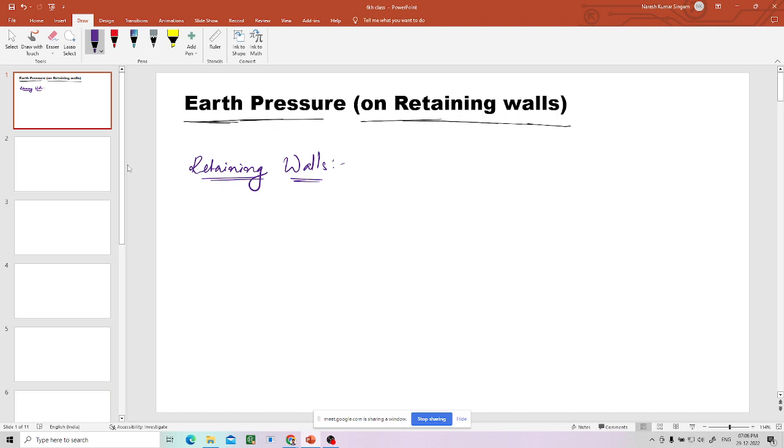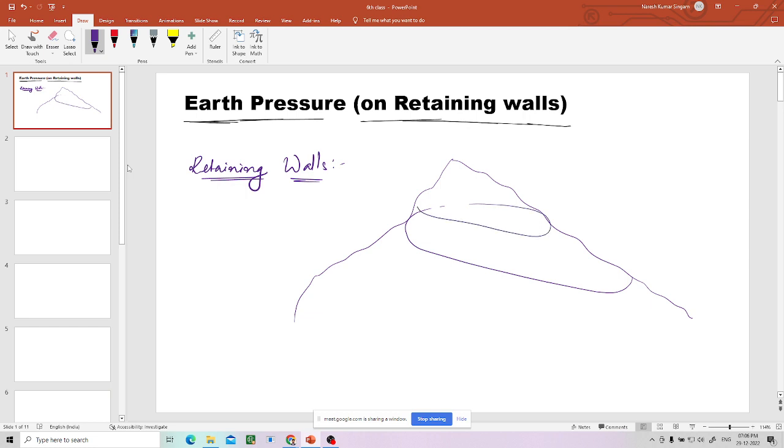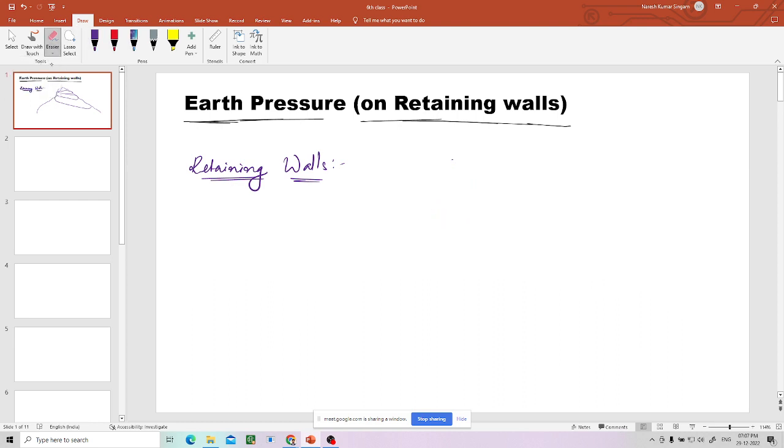vertical cuts. Suppose there is a hill, and we want to go to the peak. Then there will be a route, right? If you see one side of that route, how does it look?